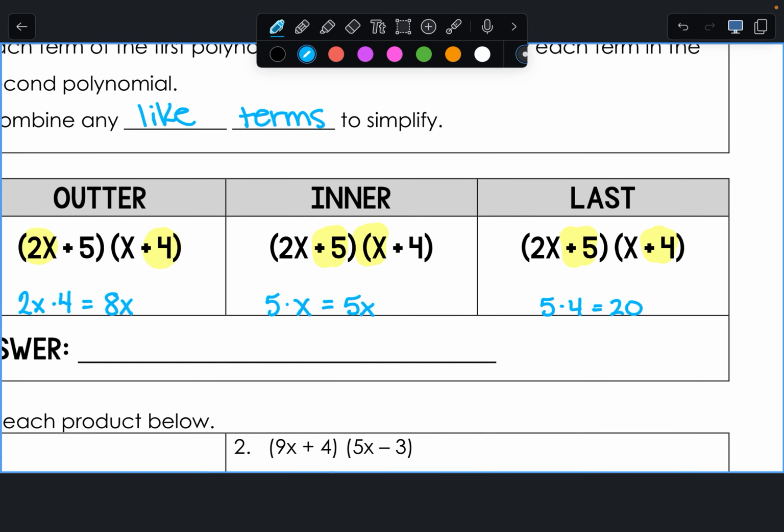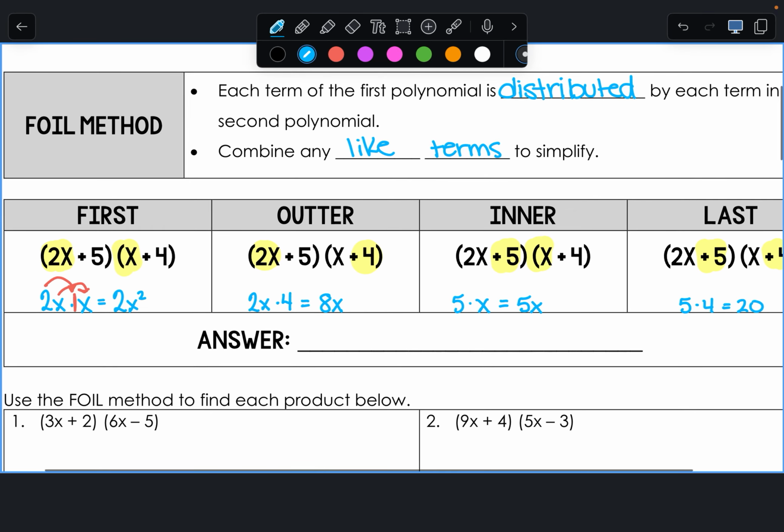Now, after you're done multiplying or distributing, you combine your like terms. The like terms will always be the middle two. 8x plus 5x gives you 13x. So from there, you just combine the result of all your other terms.